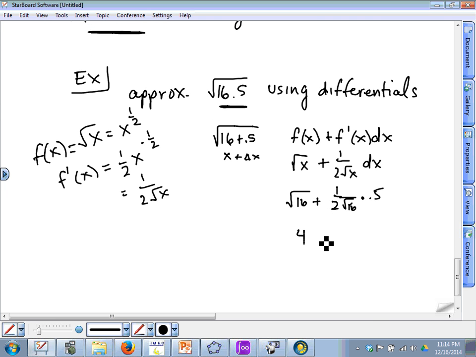Square root of 16 is 4. 1 over 2 times square root of 16 is 1/8 times 1/2. So this is 4 plus 1/16.